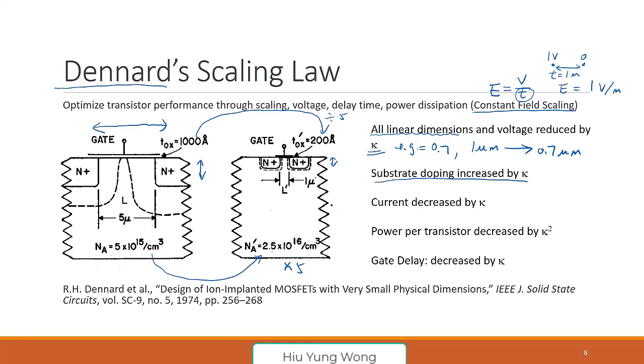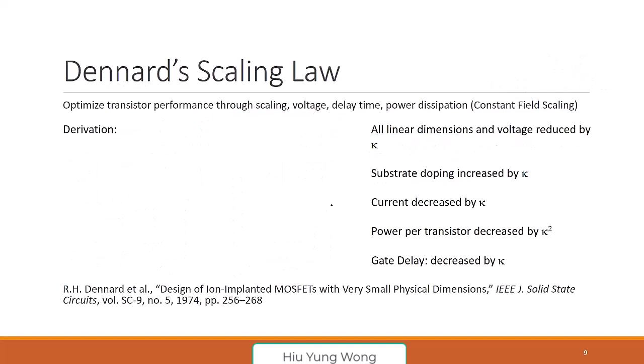But why do we need to do that for the substrate? Let's do it one by one, okay? The first thing is, do you remember what the current of a transistor is? Anyone? Just a typical one. Saturation current. Anyone remember?